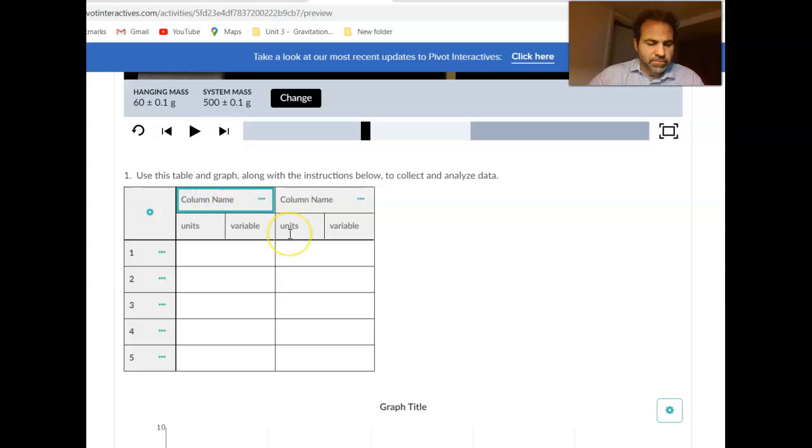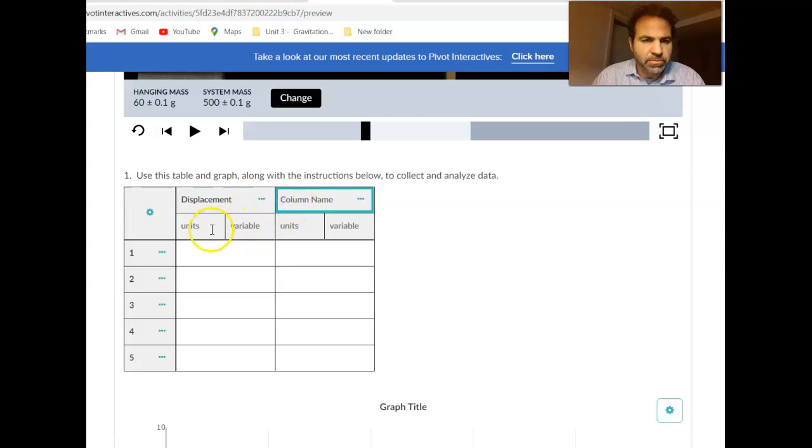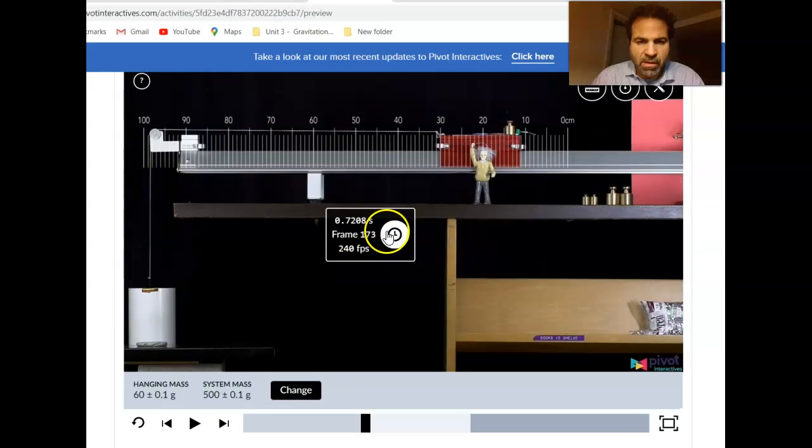So the first thing I'm going to record is displacement, measured in meters, variable d, and I'm going to convert centimeters to meters in my head.